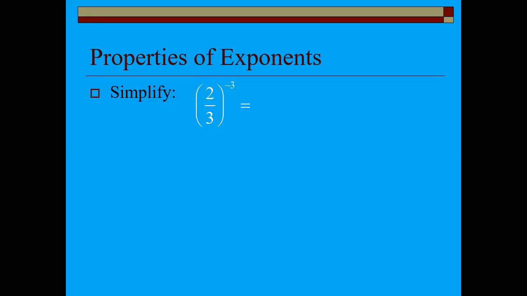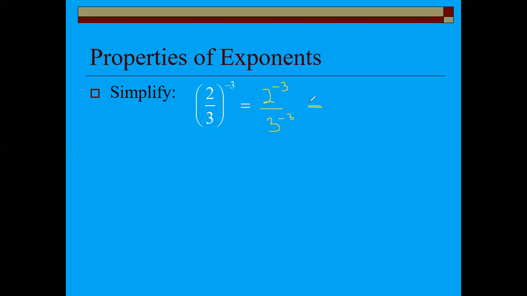It's still the multiplication rule. So this one, it's going to be 2 raised to the power -3 over 3 raised to the power -3. Yes, that is very true. So if we were to simplify this, maybe you want to write it in terms of the positive.